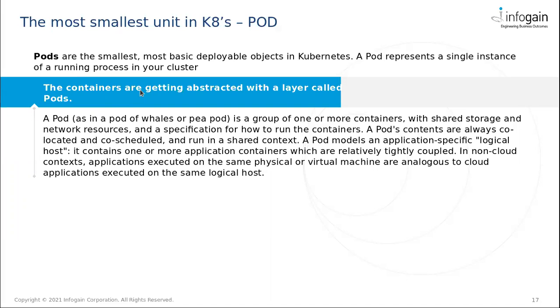Pods are the smallest, most basic deployable objects in Kubernetes. A pod represents a single instance of a running process in your cluster. Okay, so the most basic process which we're running will be a pod. And now we're going to see how we can deploy a pod. You can say that the pod is basically an image, or a container, which when you deploy onto the Docker engine, runs an application.